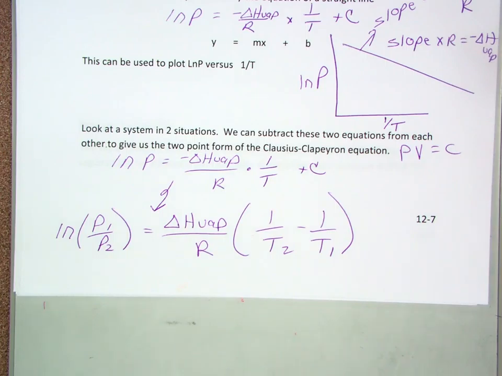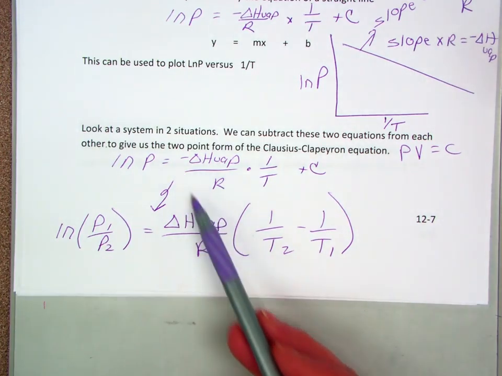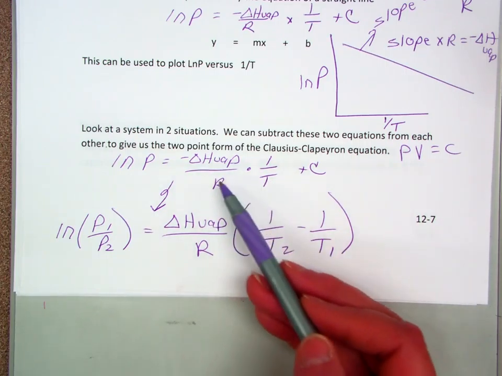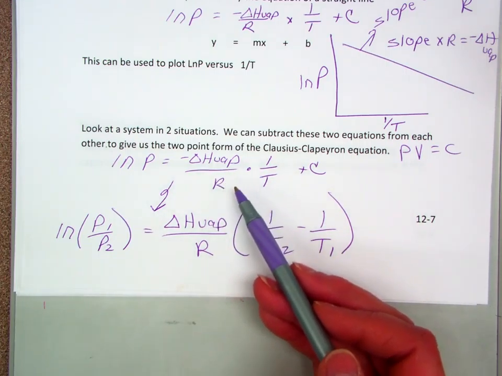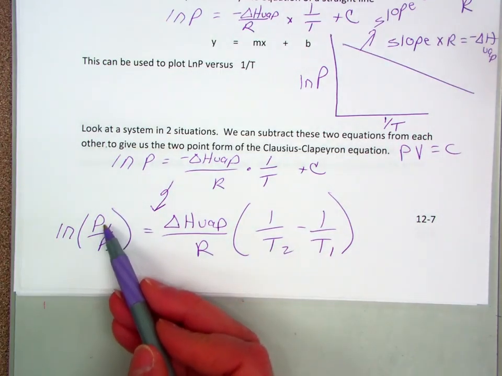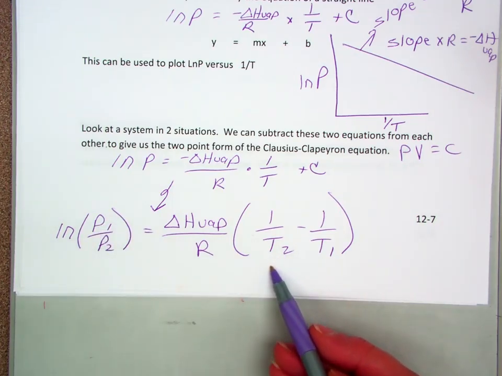When we looked at the original equation, we had a negative sign in here. You see the negative sign is now gone. If we are subtracting these equations, we would be subtracting T1 minus T2. And so you'll notice that P1 is on the top, so it's written first here, but T2 is written first here.